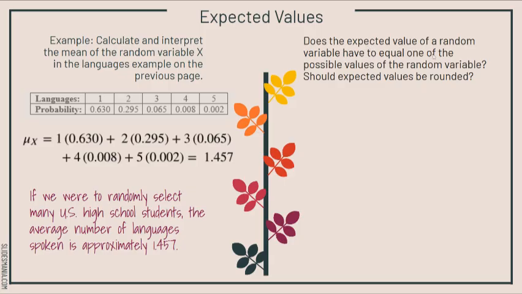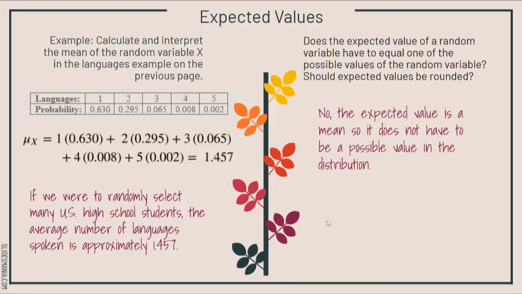Does the expected value of a random variable have to equal one of the possible values? No, because this is an average. It's going to come out as a decimal, and that's okay. We don't want to round it. The expected value is a mean, so it does not have to be a possible value in the distribution.